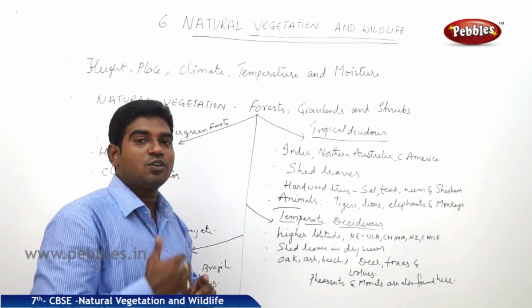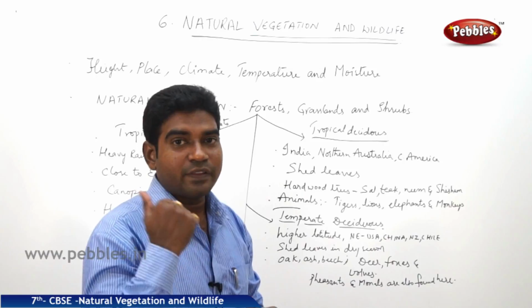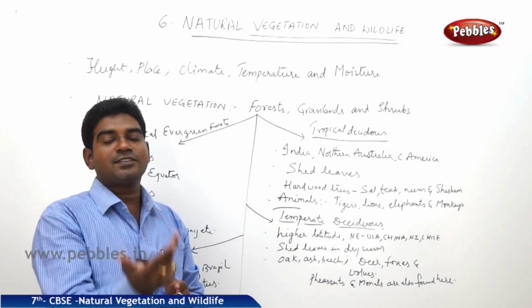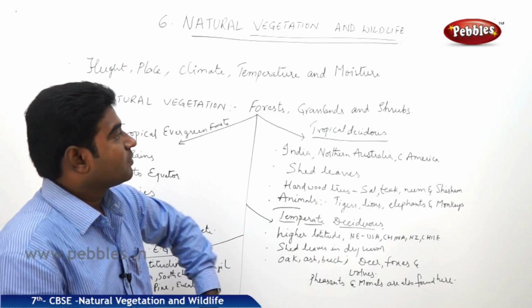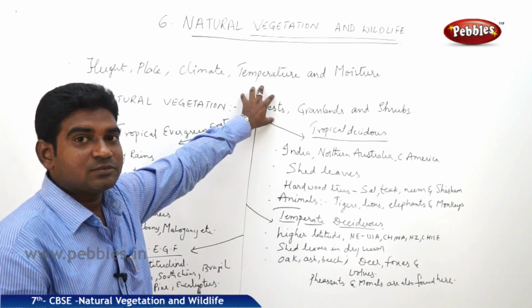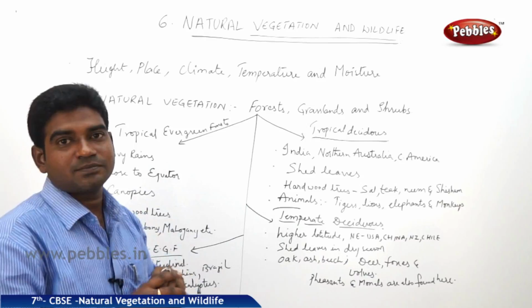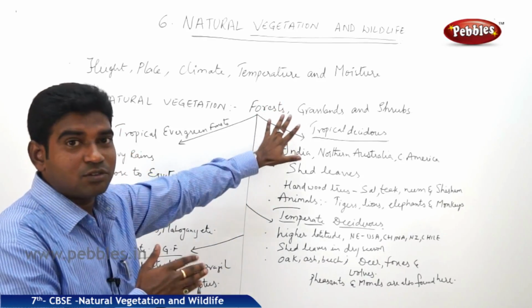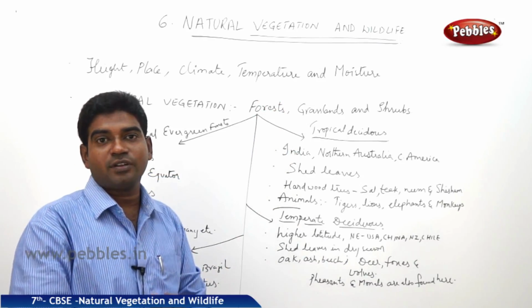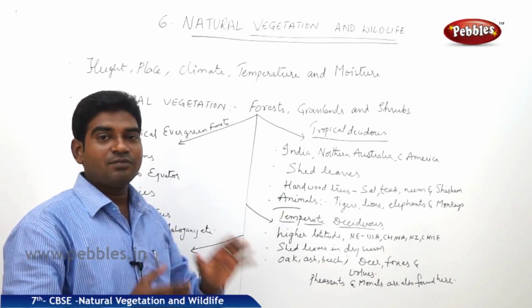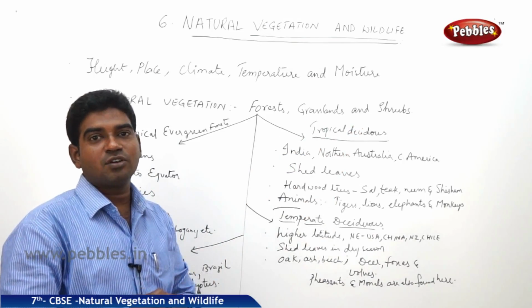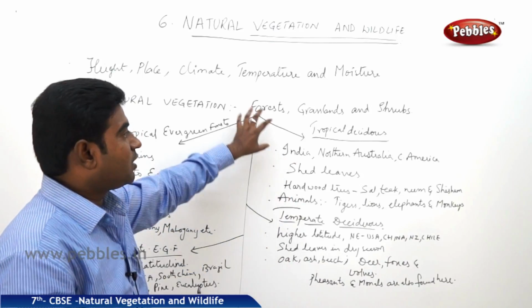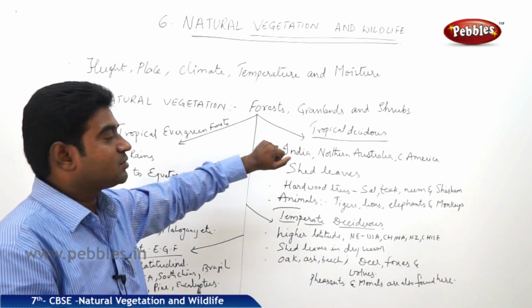As I mentioned just now, basing on the climate, the temperature, the moisture, the place, the height, the type of natural vegetation depends. Even in forests, we have nearly 6 categories of forests. In grasslands, we have different categories of grasslands. In shrubs, we have different types of shrubs grown in different places.